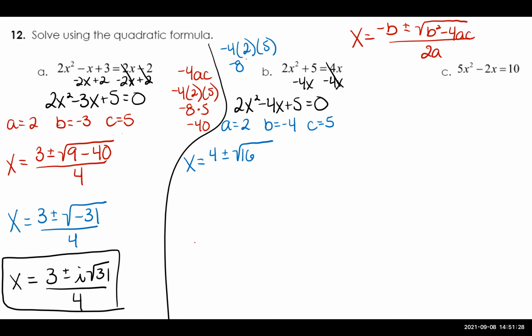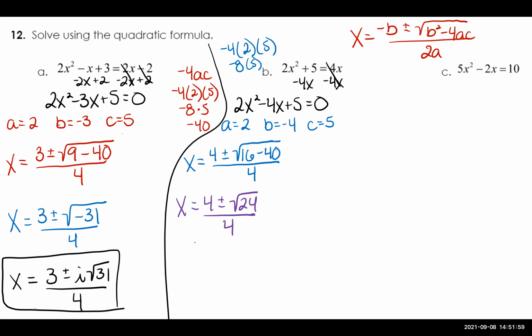So that'd be -8 times 5, which again is -40. And this is all over 2a, so 2 times 2 is 4. From here, we simplify our square root. 16 minus 40, that would be, oh my gosh, 24.